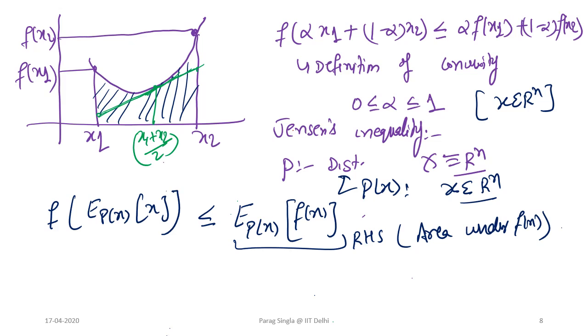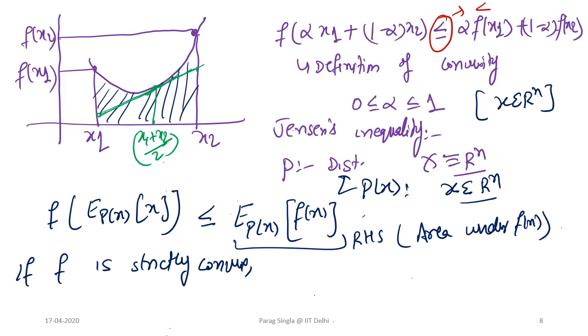We will use this, but we will also use an additional property of Jensen's inequality. This holds for any convex function, but if f is strictly convex, then this inequality, this less than or equal to, becomes strictly less than, assuming x1 is not equal to x2, and alpha is strictly between 0 and 1.